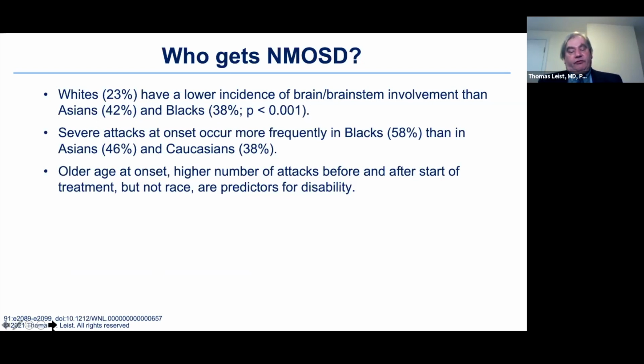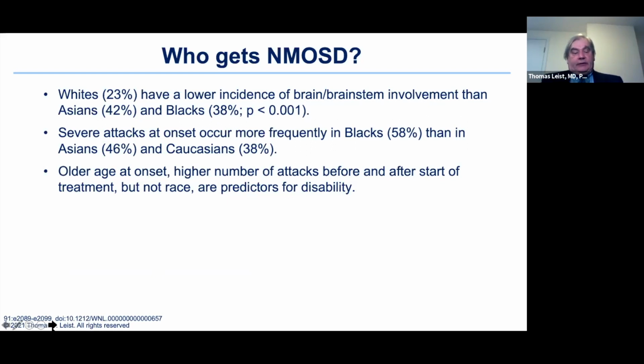How is NMO different across different ethnic groups? In whites, very often the area of the brain that coordinates eye movements, the brainstem, and also the brain is less frequently involved. So whites have more spinal cord involvement compared to Asians and blacks.